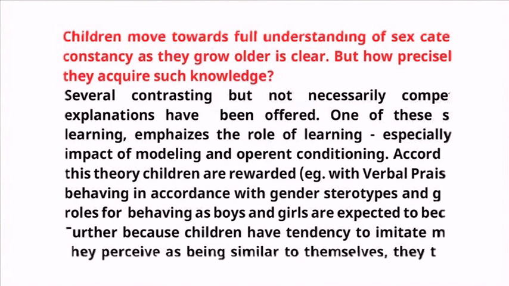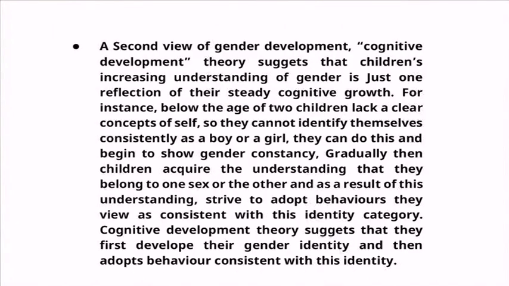A second view of gender development is cognitive development. This theory suggests that children's increasing understanding of gender is just one reflection of their steady cognitive growth. For instance, below the age of 2, children lack a clear concept of self, so they cannot identify themselves consistently as a boy or a girl.